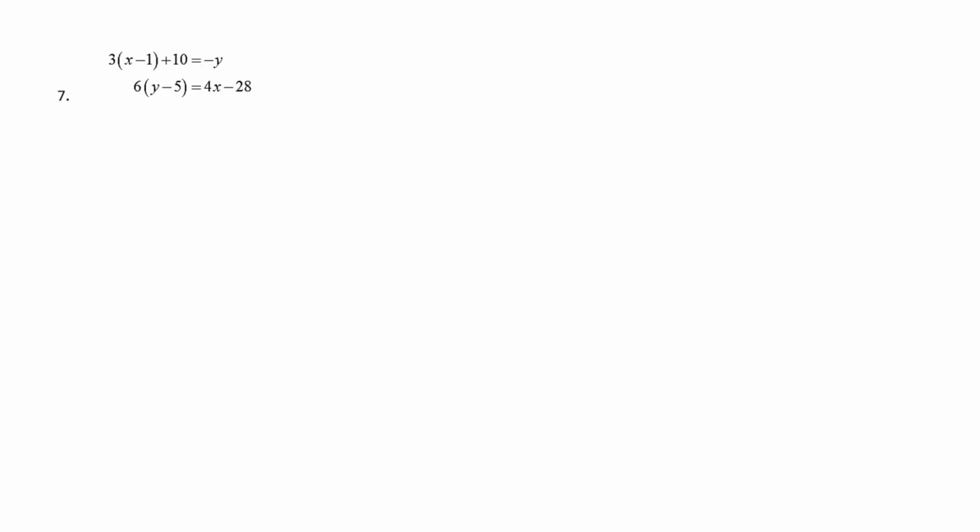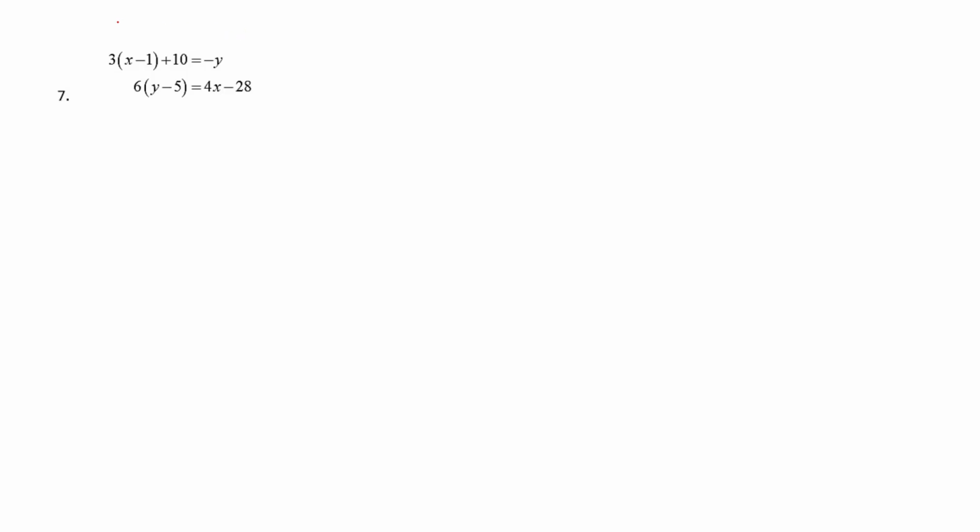All right, number 7. Okay, so we have a system here. And in order to use the addition method, we want our equations first to be in the form ax plus by equals c. Now we have quantities here being multiplied by a factor. So let's get this into that format.